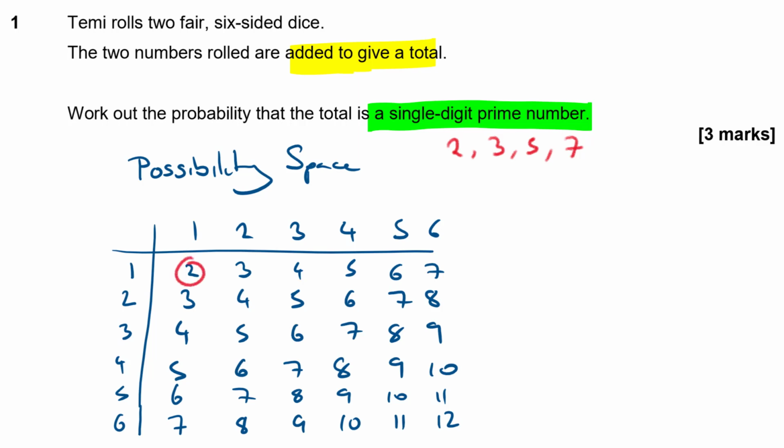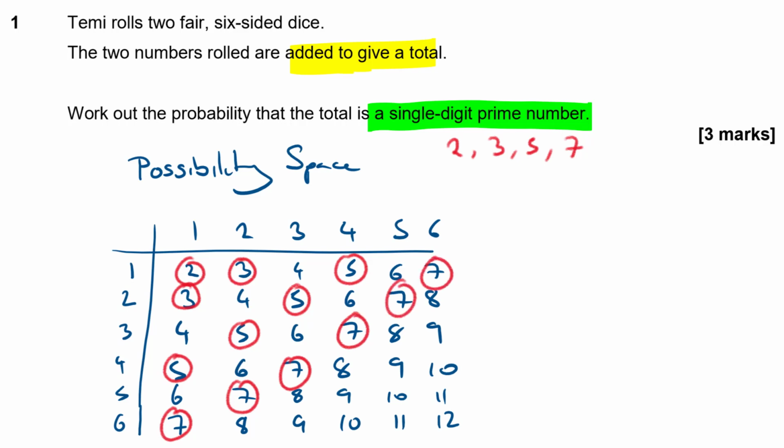I've got a 2 here, I've got a 3 here, and a 3 here. I've got 5, 5, 5, and 5, and I've got 7, 7, 7, 7, 7, and 7. So altogether I've got 13 different outcomes, which are single digit prime numbers.